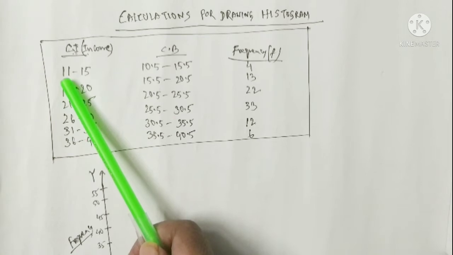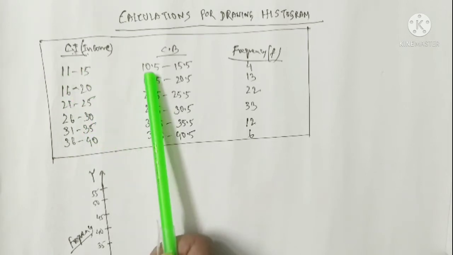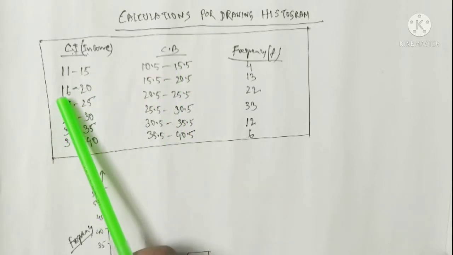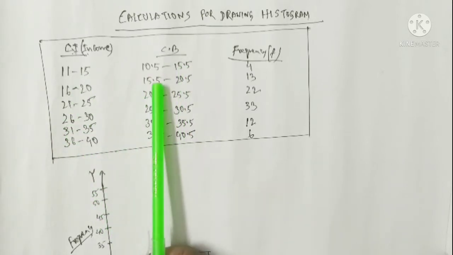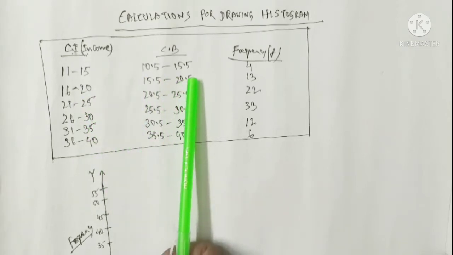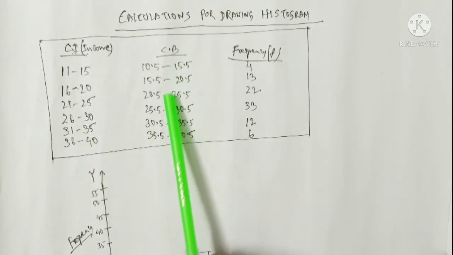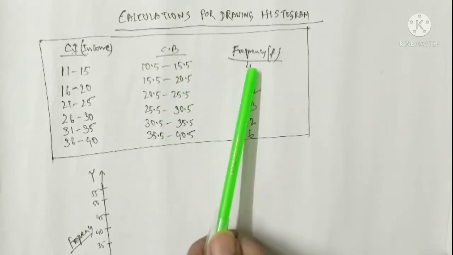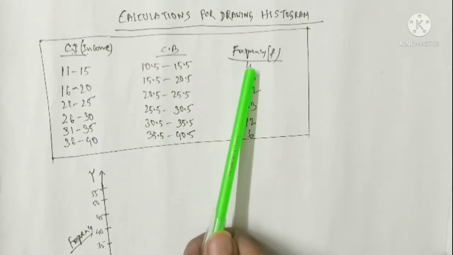So 11 minus 0.5 is 10.5, 15 plus 0.5 is 15.5, 16 minus 0.5 is 15.5, 20 plus 0.5 is 20.5. These are the class boundaries, and for a histogram we need class boundaries and frequencies.